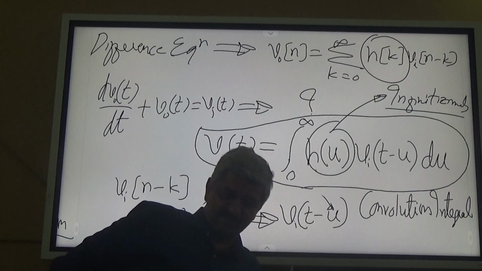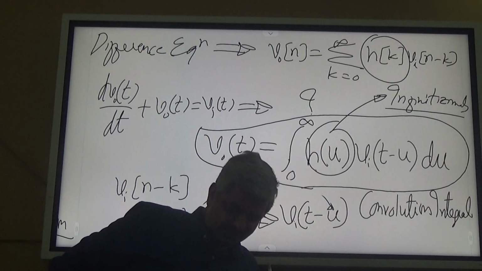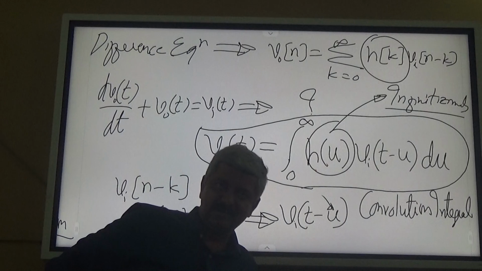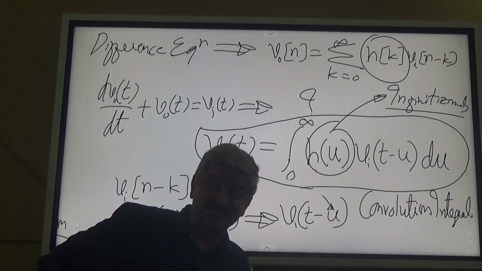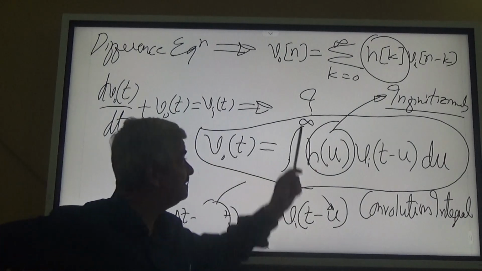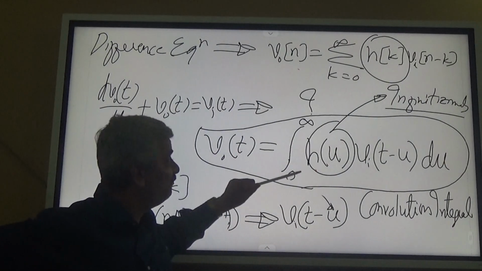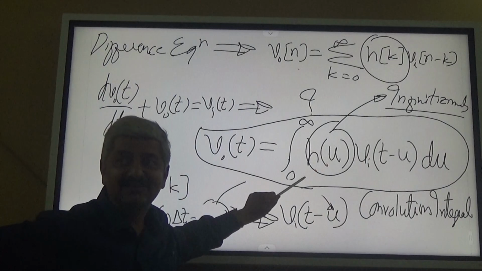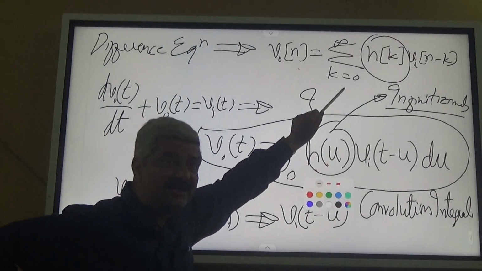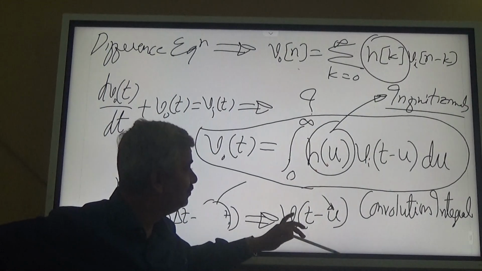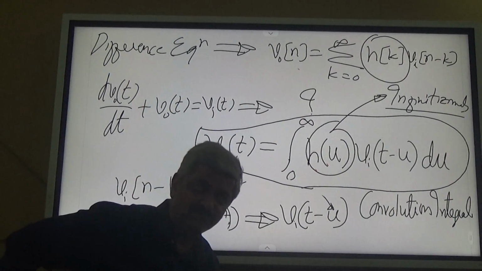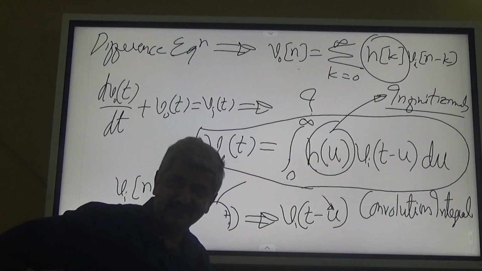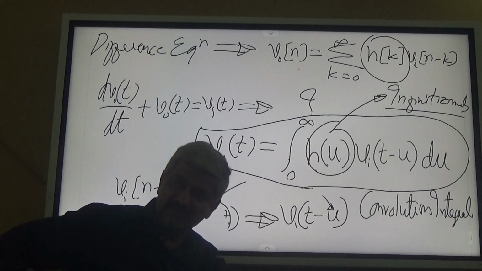If it is in the difference domain, the approximate sample domain, we will call it a weighted sum. This is a weighted sum and this is a weighted integral. When HKs are the weights here, HUs are the weights. So the current output is the weighted integral of the current and all previous inputs.